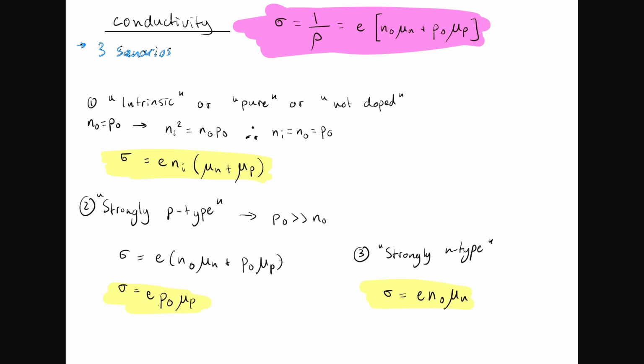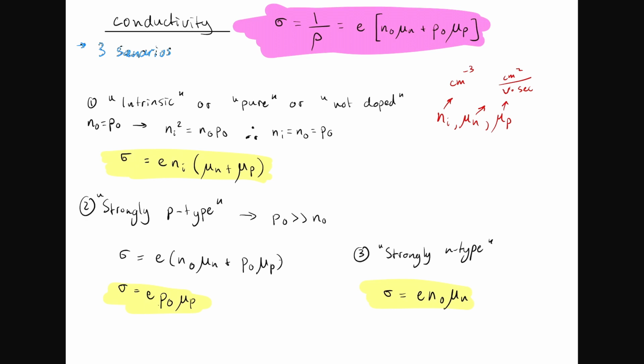And then the other thing is that the intrinsic concentration or those carrier mobilities, mu p, these are all, so this one is per centimeters cubed, and these two are centimeters squared per volt-second.